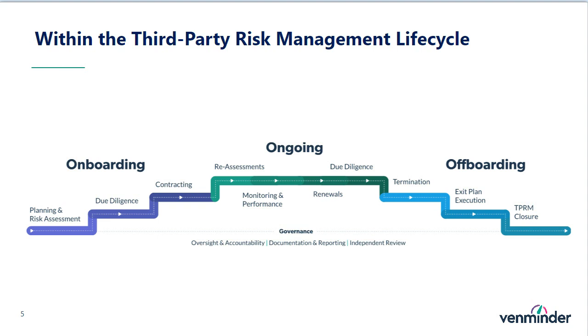All of these stages, all of these processes within onboarding vendors and the ongoing management, assessment, and monitoring of them, and the offboarding, the termination and exiting: issues can be identified anywhere in this third-party life cycle. It's important to develop a process that allows you to identify and apply the best practices that you're hearing today anywhere across this life cycle.